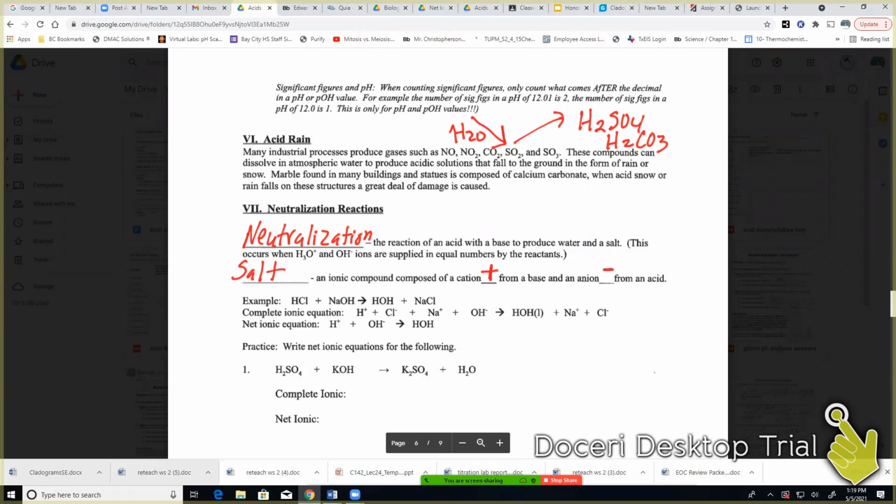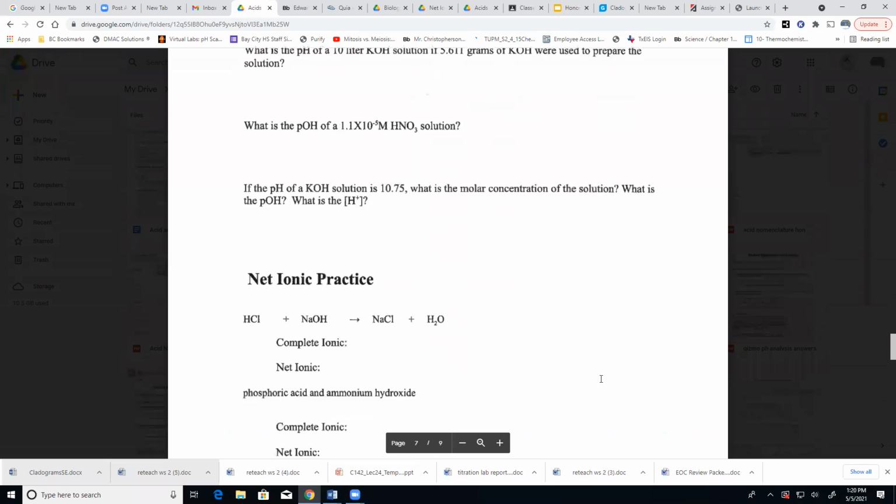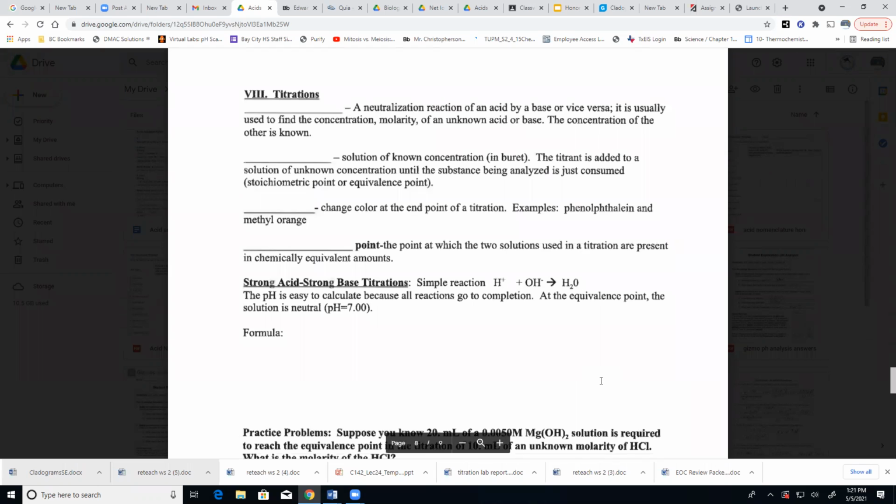So we'll see those with acid-base titrations. We're going to skip that bottom part because that's net ionic, and we've already done that separately. So if you'll move on to where it says titrations, I think maybe back of the next page.